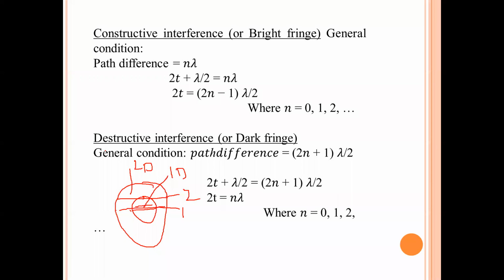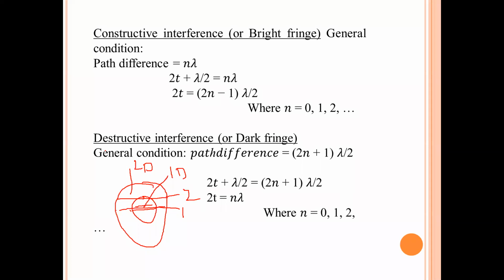There are also some applications of Newton's rings in our syllabus. With the help of Newton's rings, we can calculate the refractive index of the material and the wavelength of the given light.